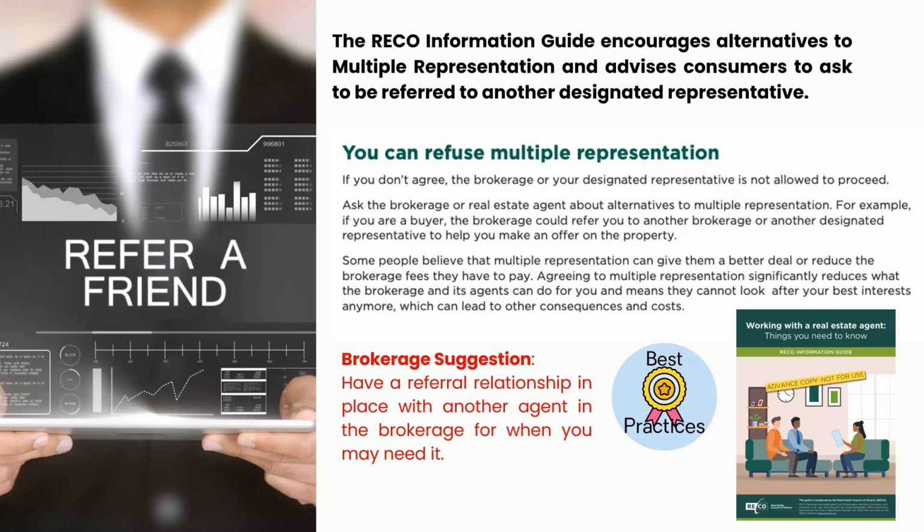Again, RICO's primary intention was to avoid this conflict that arises when there is multiple representation. One of the discussions with the lawyers was, of course, confirming that RICO's intent was, if they can get rid of multiple representation in Ontario, they would do that.